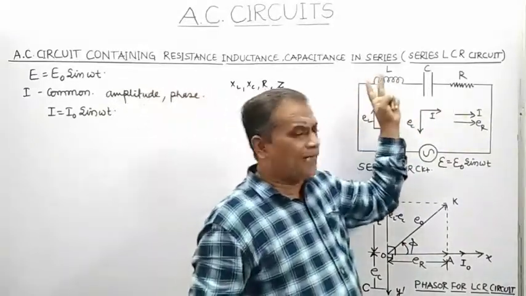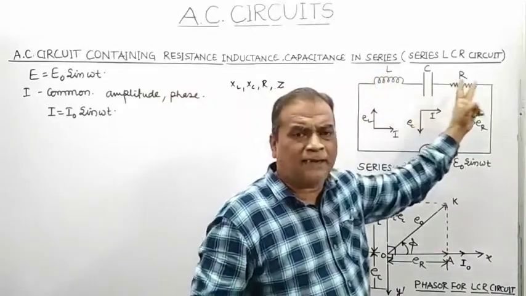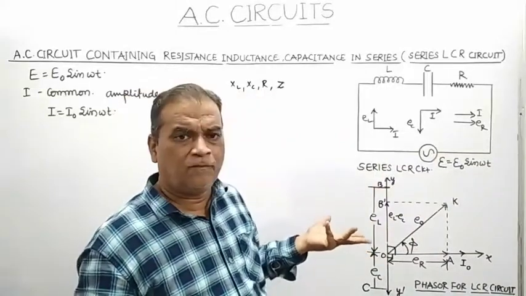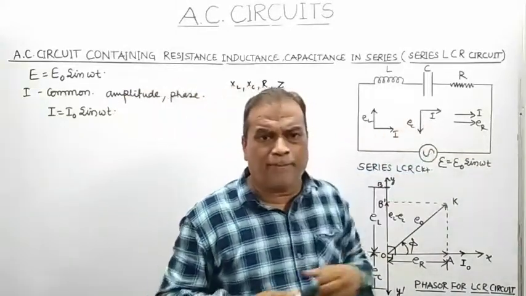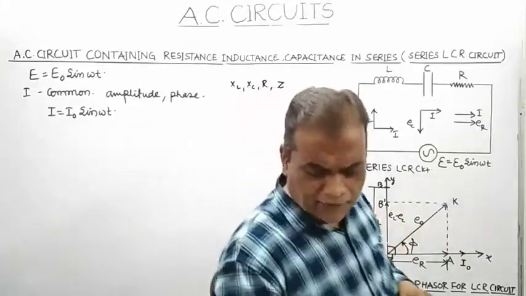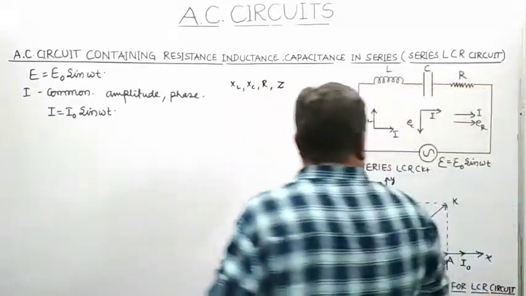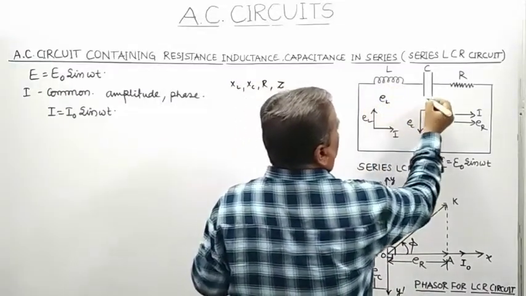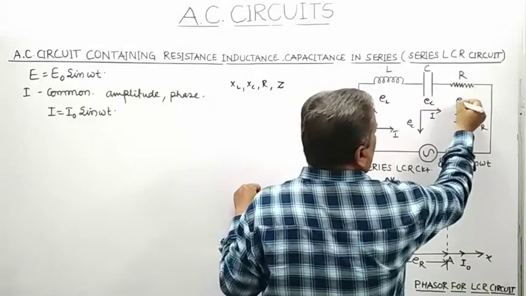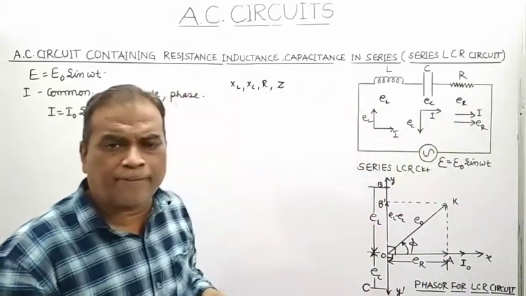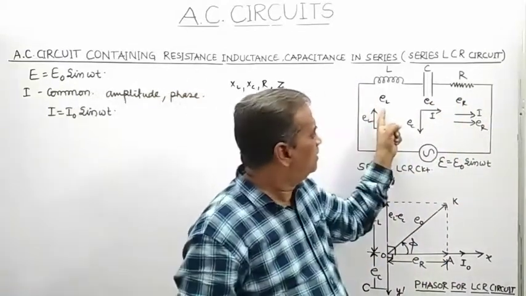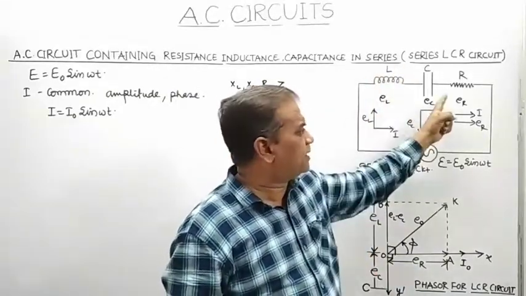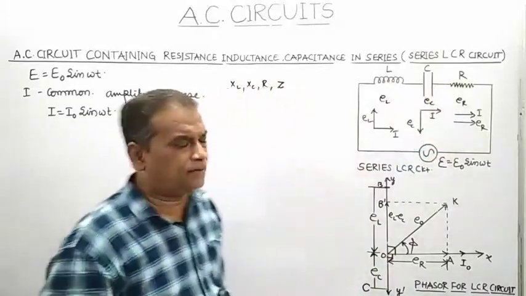But the voltage across inductor, capacitor and resistor will have different phase relationships with the current flowing through them. Let EL be the voltage across the inductor, EC the voltage across the capacitor and ER the voltage across the resistance.